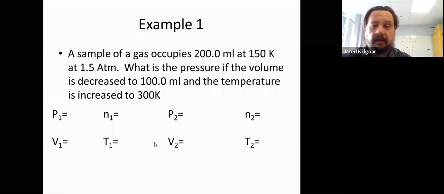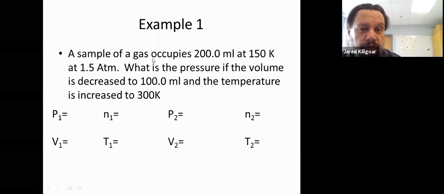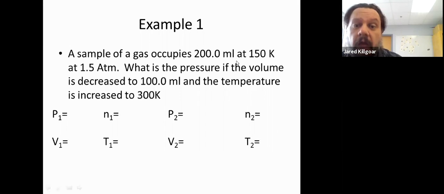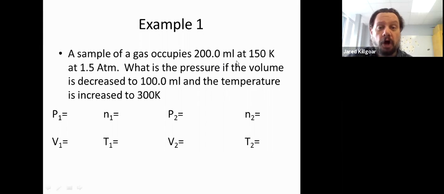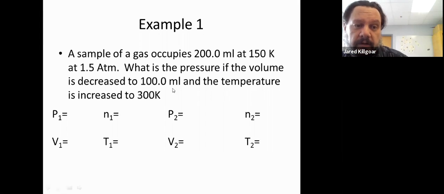So for instance, a sample of gas occupies 200 milliliters. Milliliters is a unit of volume, and you can reference your PVU tables, your pressure variable unit tables, if you are confused about the units. And at 150 Kelvin, which is a temperature, at 1.5 atmospheres, that's a pressure. What is the pressure?